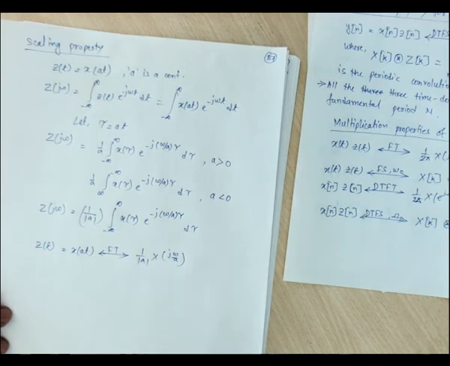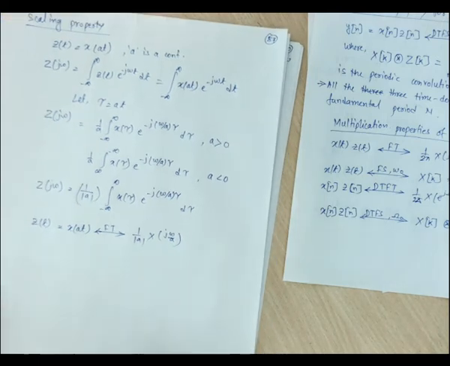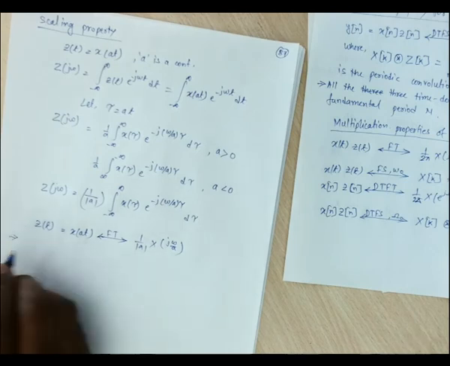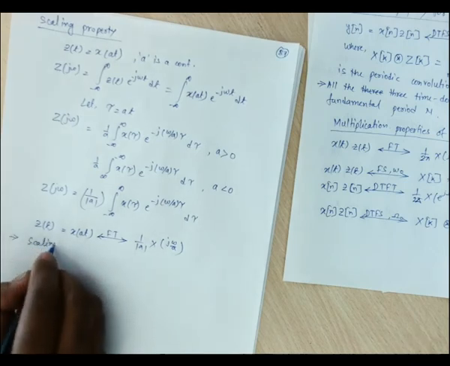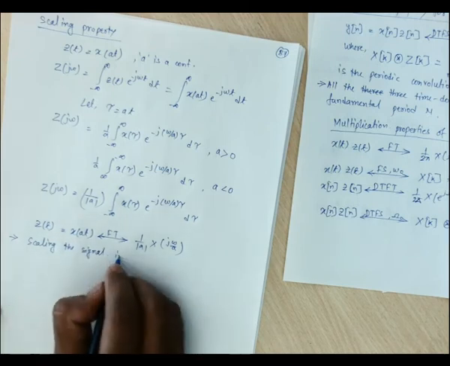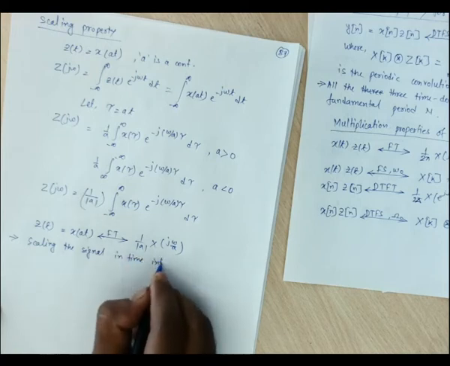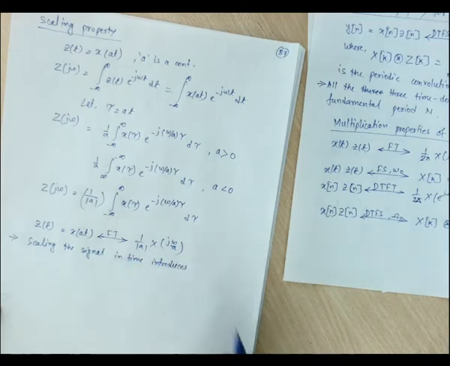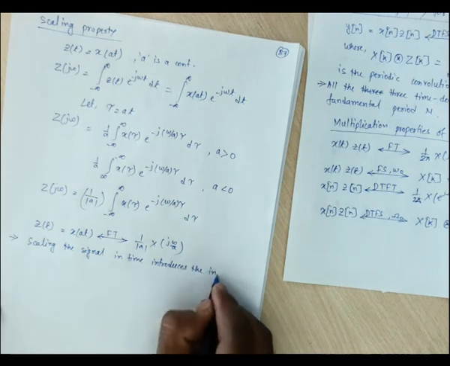So here it is multiplied with time, now it is divided with frequency. So scaling the signal in time introduces inverse scaling in the frequency domain representation, and an amplitude change.